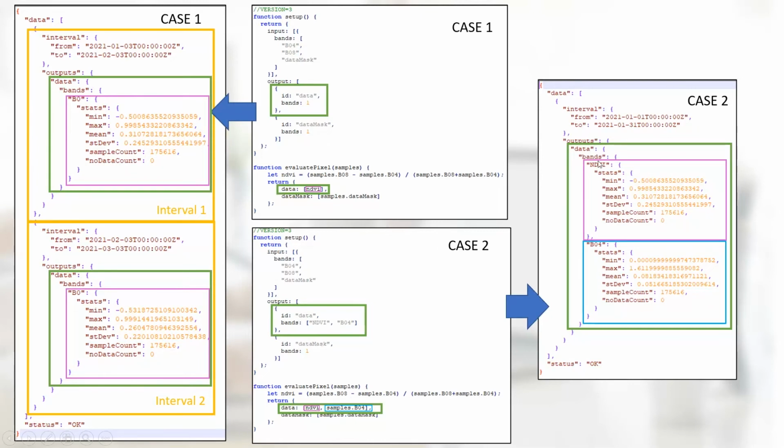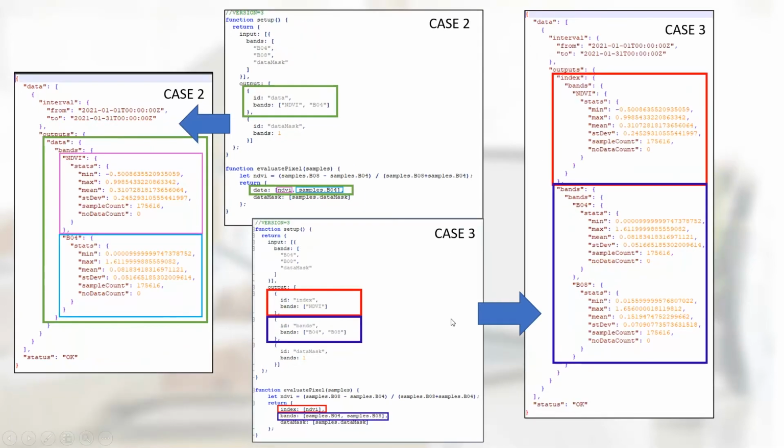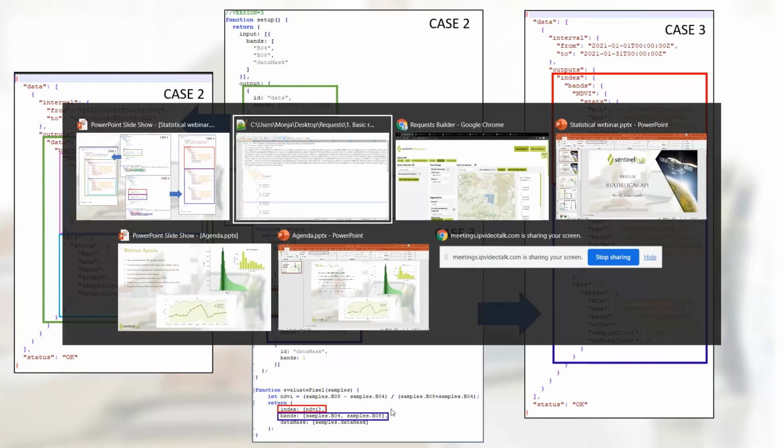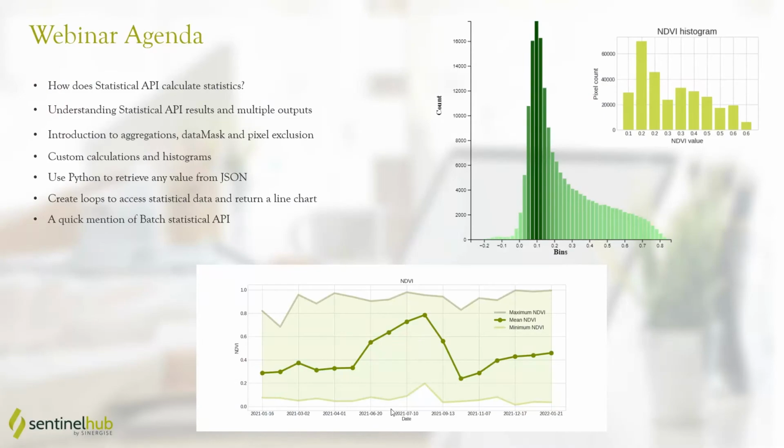So we can see that our output now contains 2. And then the third case just shows you what we already saw, how 2 different outputs actually impact the resulting structure, where you get the 2 separate outputs that each of them then have bands inside that correspond to the actual returned output.